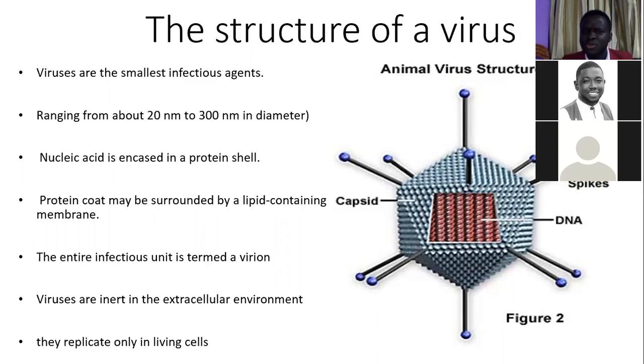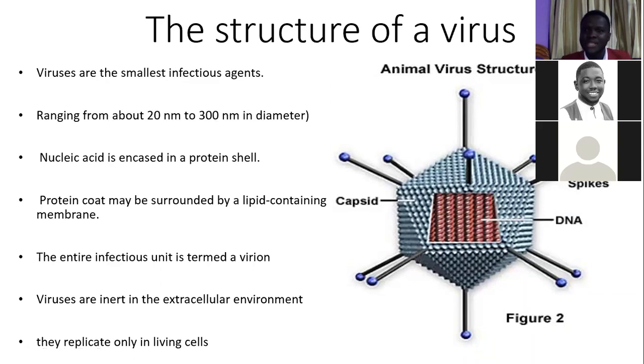In fact, they are too small to be seen by the light microscope, the microscope that we often have in our labs. When you go to the local labs, we have these light microscopes. Unfortunately, these microscopes cannot be used to visualize viruses. The size of a virus ranges from 20 to 300 nanometers. A nanometer is very small.